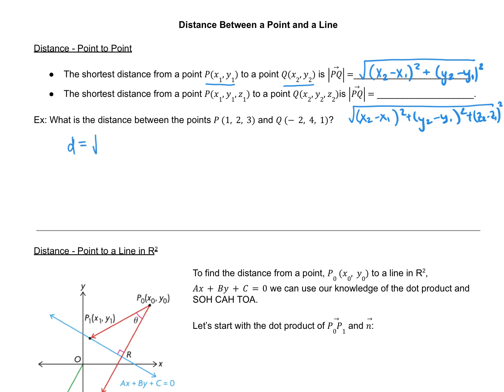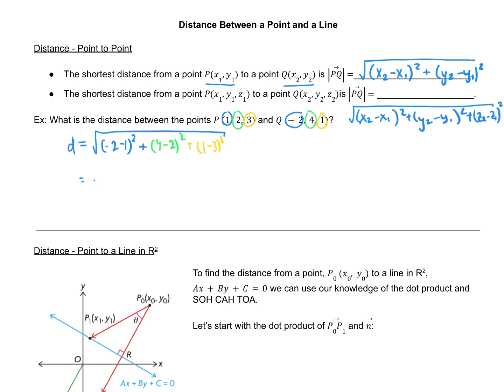Well, the distance will be the square root of, and I'm going to start with Q minus P for the x's, negative 2 minus 1 squared plus, now the y's, 4 minus 2 squared, and now the z's, 1 minus 3 squared.